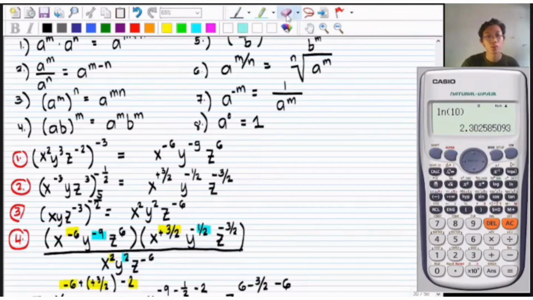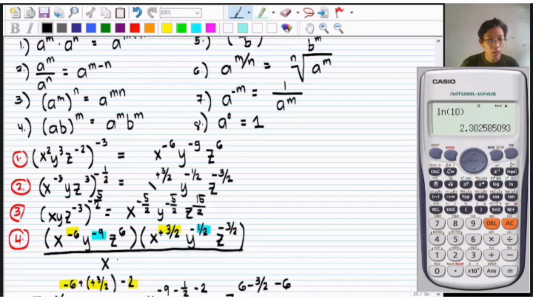So, ano yung ginawa natin? So, this will become negative 5/2. X raised to negative 5/2. Y raised to negative 5/2. Z raised to 15 over negative 5/2.